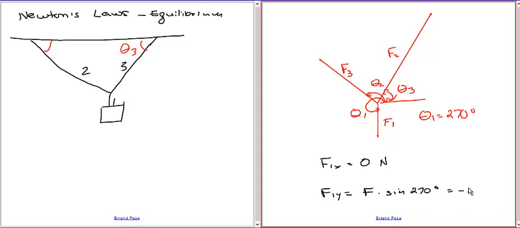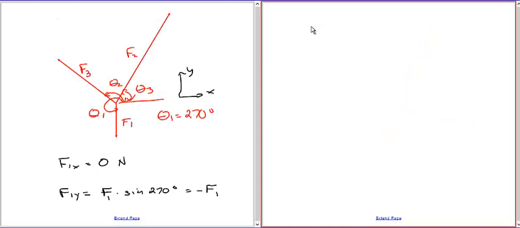Sine of 270 is negative 1. So you get negative F1, whatever F1 is, because that's going to be pushing downward. We're going to use this same coordinate system, x horizontal, y positive, y vertical. And then, you can do the other ones.